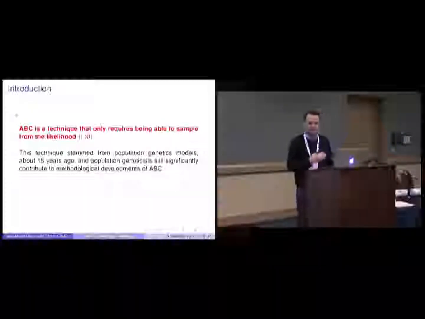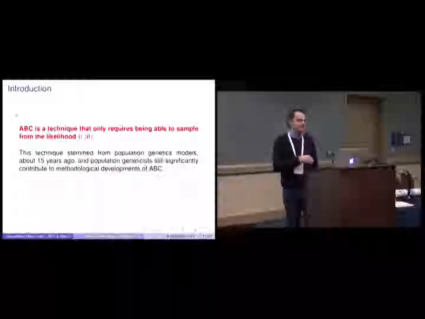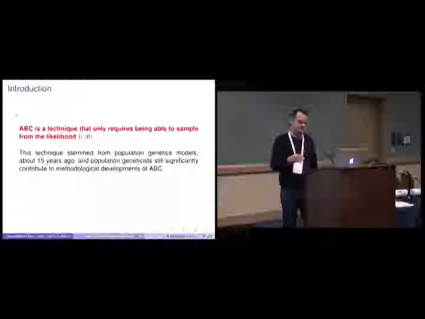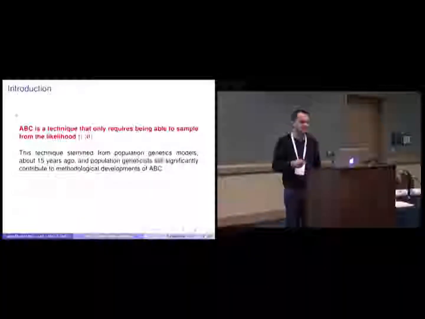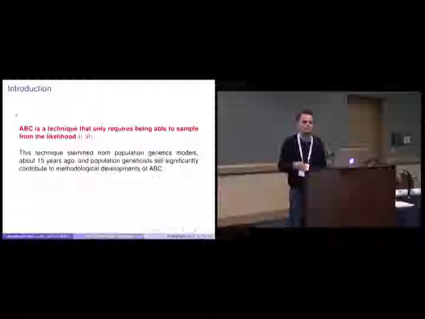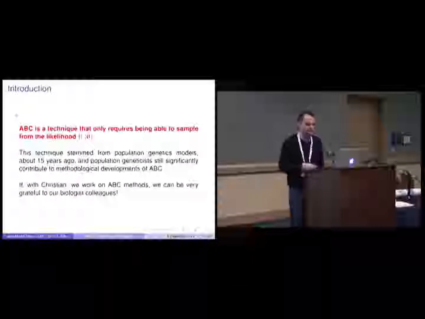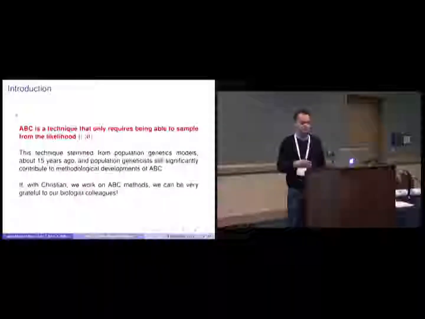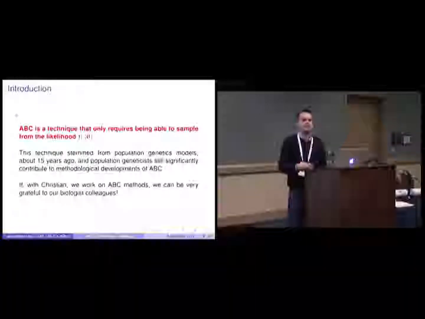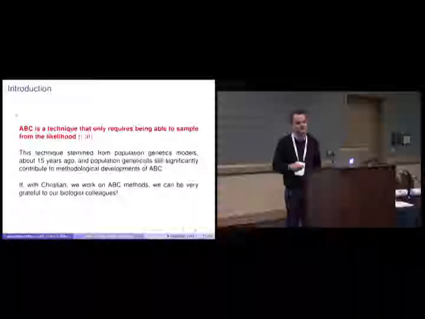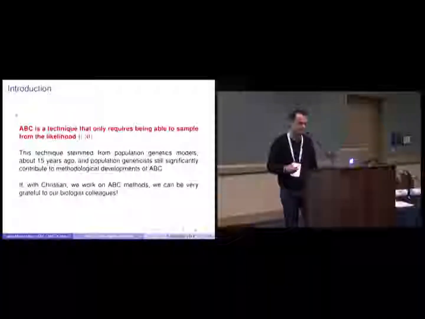These techniques come from the population genetics community, for about 15 years, and population geneticists still significantly contribute to the methodological development of the method. And with colleagues, we worked a lot with population genetics people, and if we work on this ABC, we have to be very grateful to our biologist colleagues, because the first time they introduced the method, we were very skeptical about the possibility, but at the end, 10 years after, we see, okay, it can work, it can give good results.